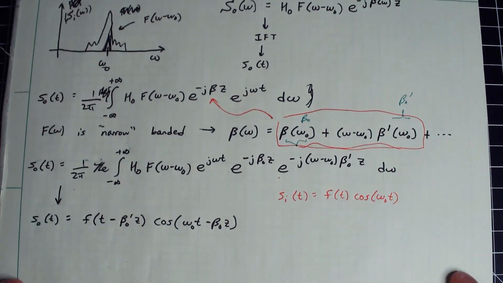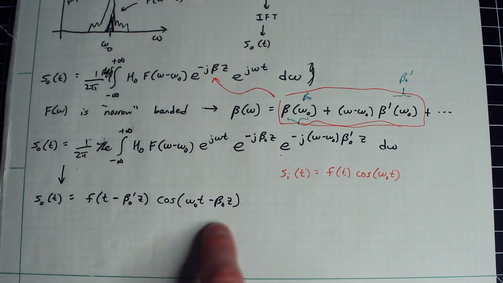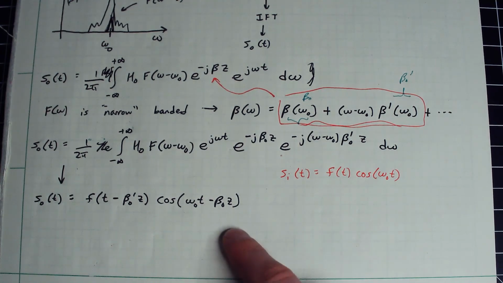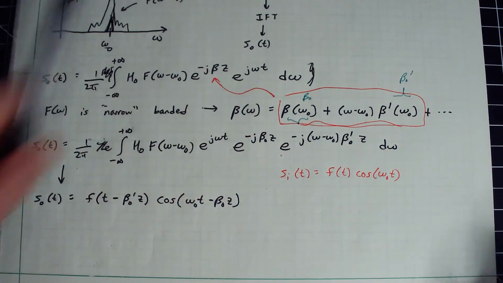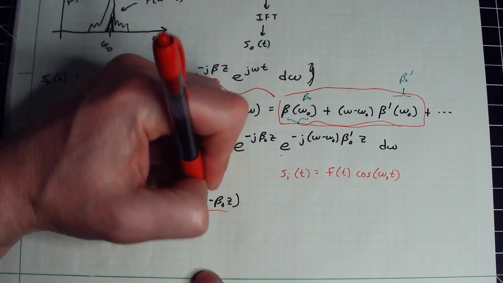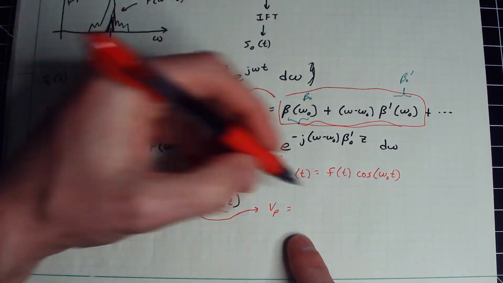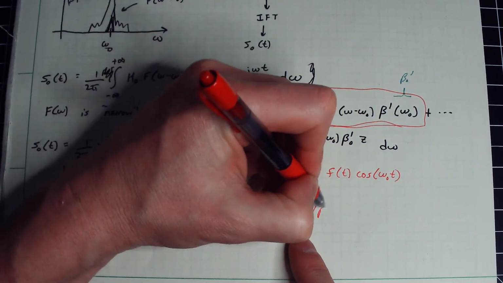Okay, so now when you look at this, some interesting things start to happen. First off, this guy here looks pretty normal, right? Remember when you define a traveling wave in these terms. Let's look at just this guy here. This implied my phase velocity was equal to omega over beta naught.